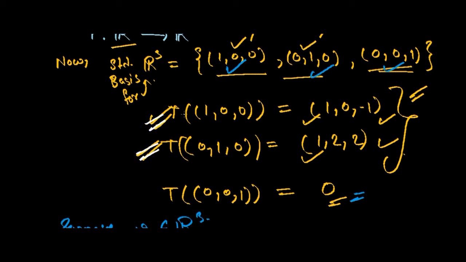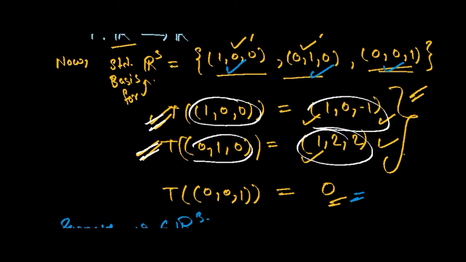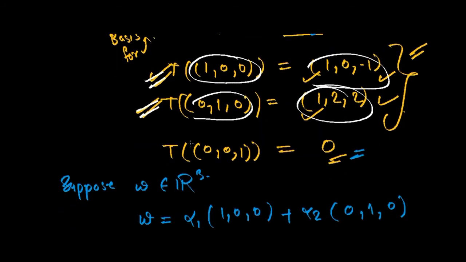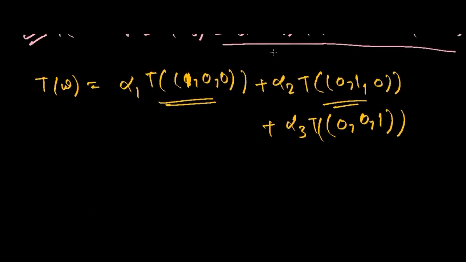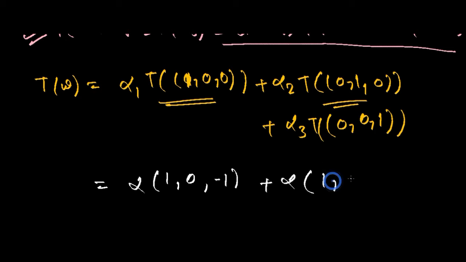From here we get the transformation of the vector 1 0 0 is equal to this vector, and the transformation of this vector is equal to this vector, right? And from there we get the transformation of our third vector is equal to the 0 vector. So we can write this whole thing as alpha 1 into the first vector plus alpha 2 into our second vector from the basis plus 0, right?